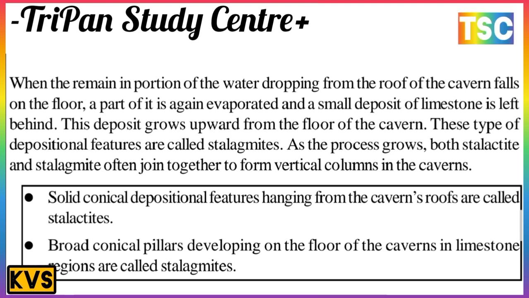As the process goes on, both stalactites and stalagmites often join together to form a vertical column in the caves. The solidified conical depositional feature hanging from the cave roof is called a stalactite. The conical pillar developing on the floor of the caves in the limestone region is called a stalagmite. That is the most important.